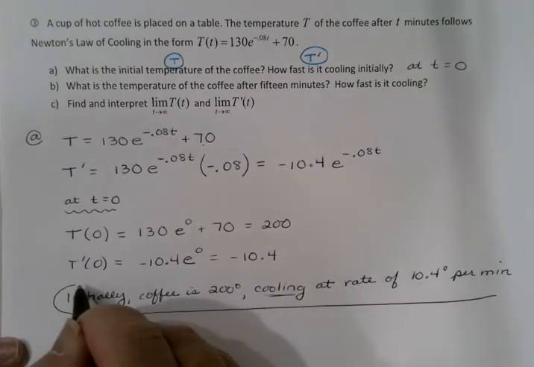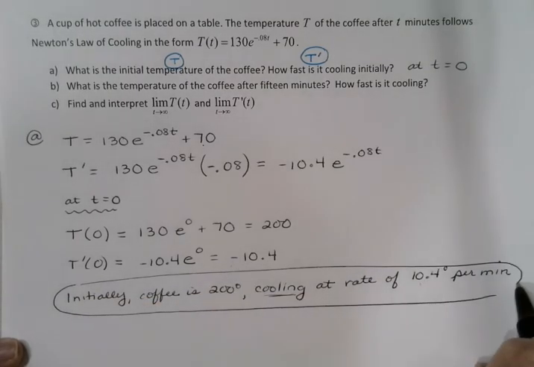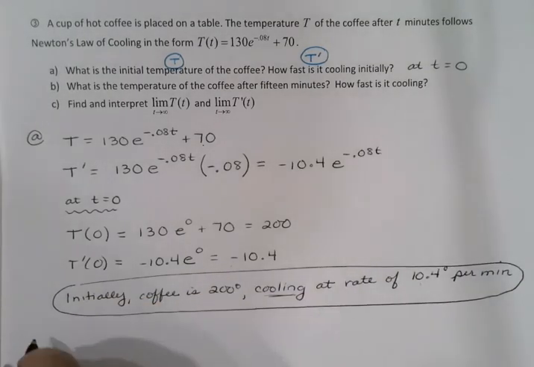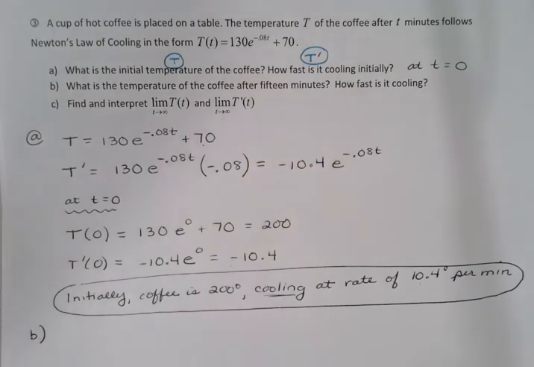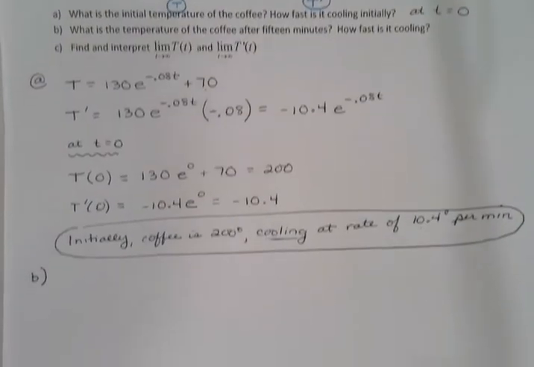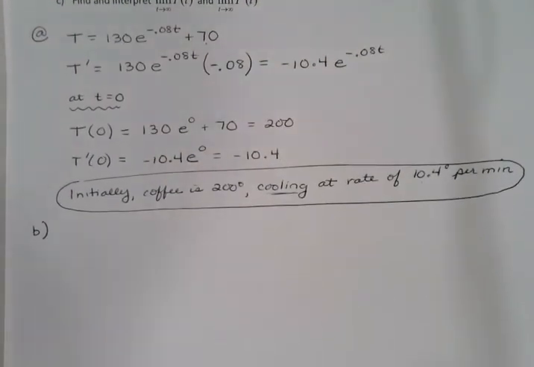All right, what about part B? Find the temperature of the coffee after 15 minutes. And again, how fast is it cooling? Well, we've got all of the hard work done. We already know the function and its derivative.